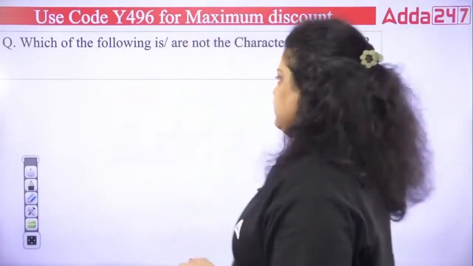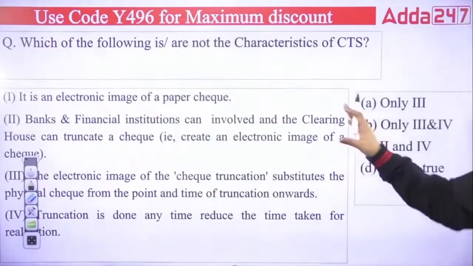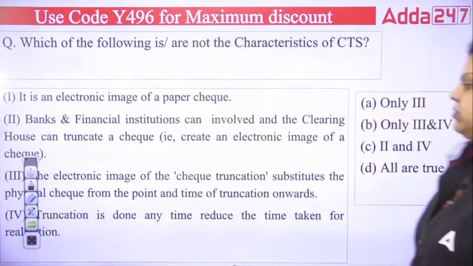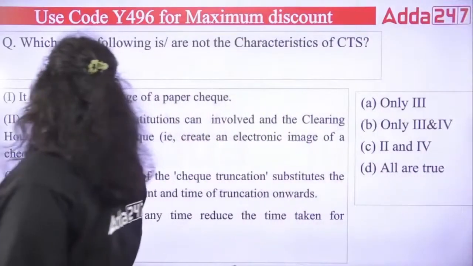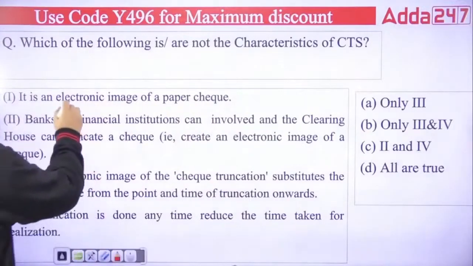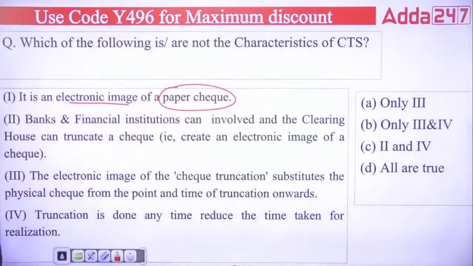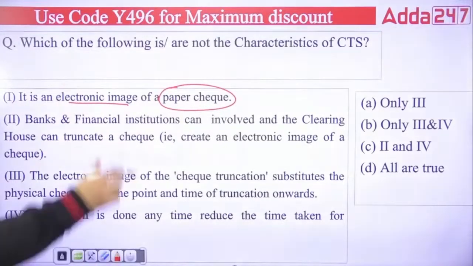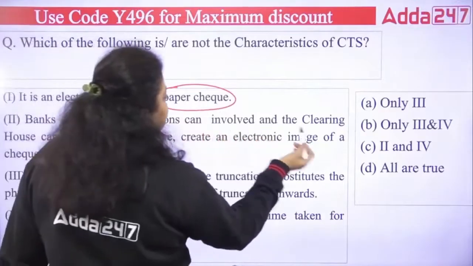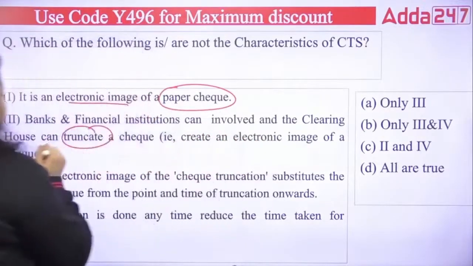Okay, that's the CTS. Now you have to answer which is not a characteristic of CTS, and these are the options in front of you. The first characteristic: it is an electronic image of a paper check. Second: banks and financial institutions and the clearing house can truncate a check, create an electronic image of the check.